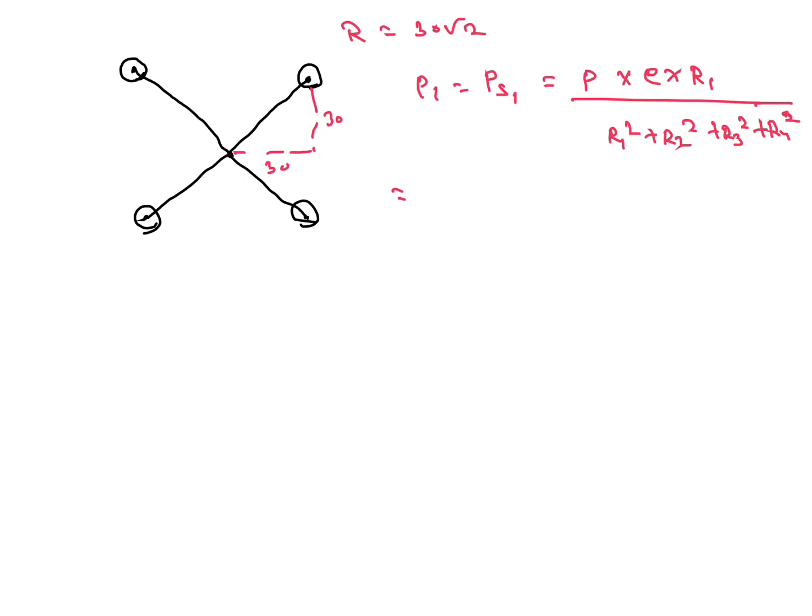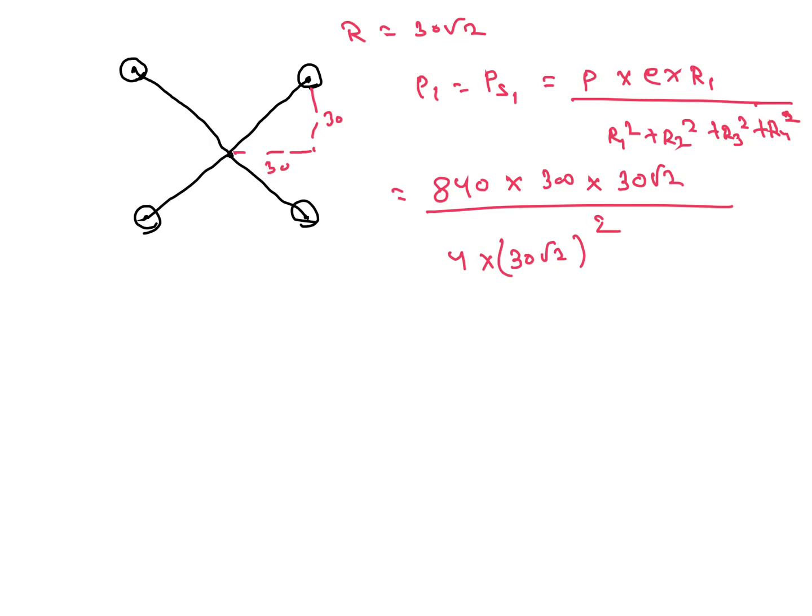P is 840 eccentric load and E distance is 300 into R1 is 30 root 2 divided by 4 into 30 root 2 square. If you solve this one, finally you will get 1500 Newton. You cross check this one.